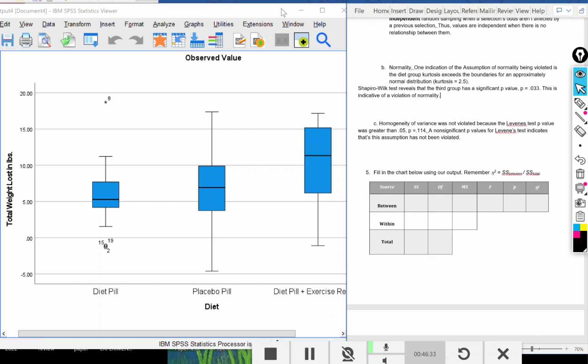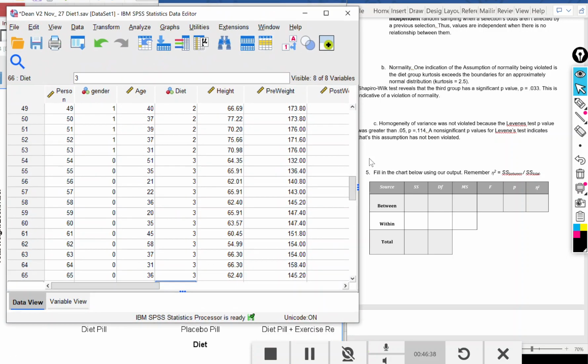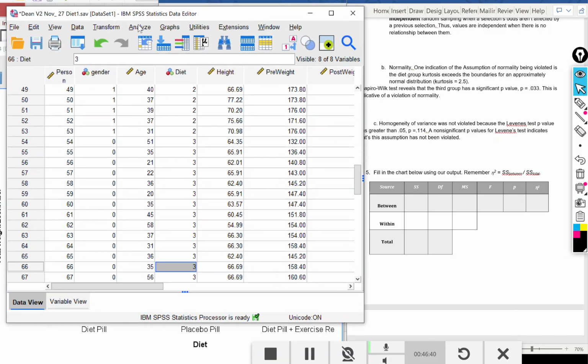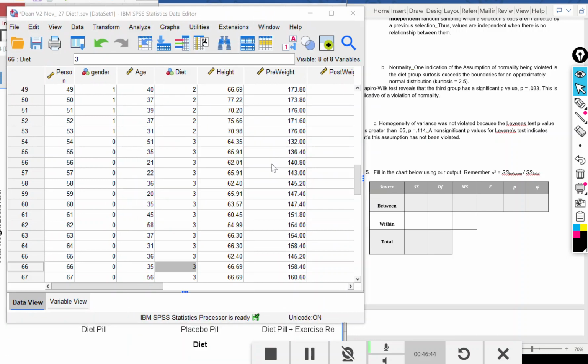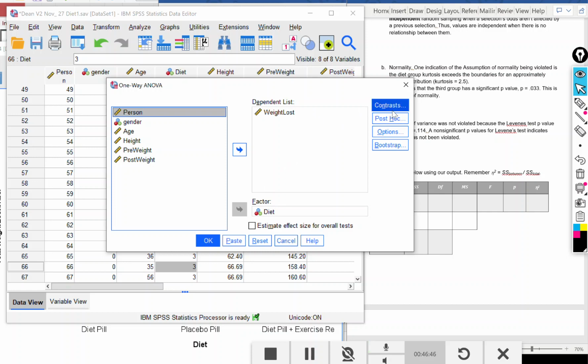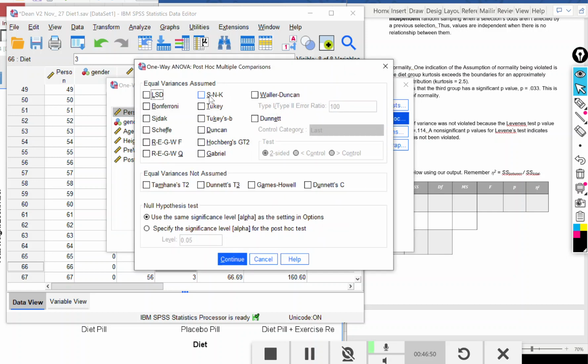And so I'm going to go back into the data. And what we need to do is go into Analyze, Compare Means, One-Way ANOVA. We've done that. And what we need to do here is, normally we would use the Tukey test, but I think in this case we're going to have to use the Dunnett's test.